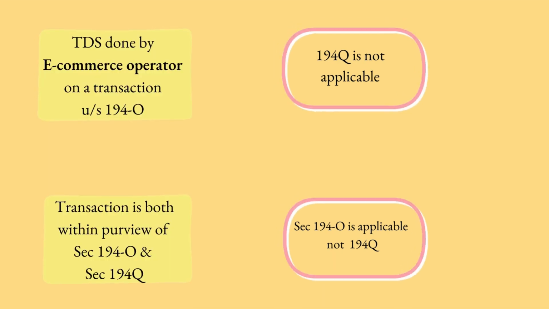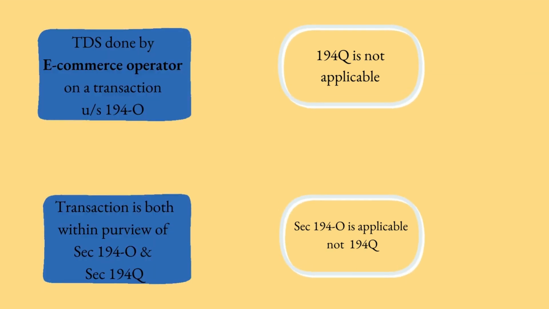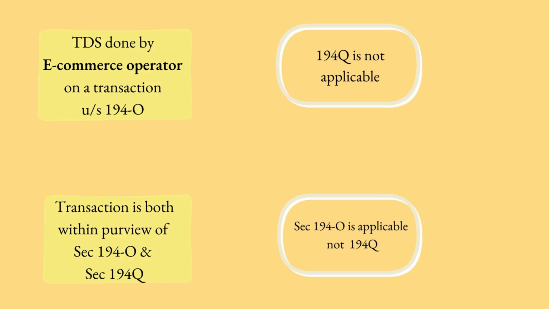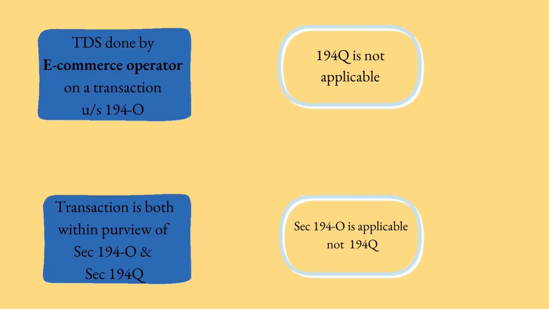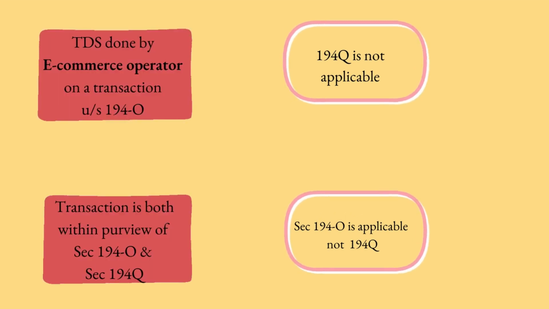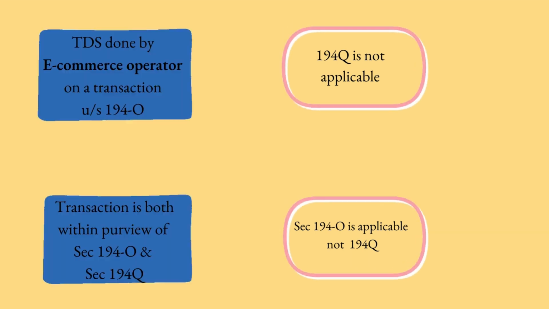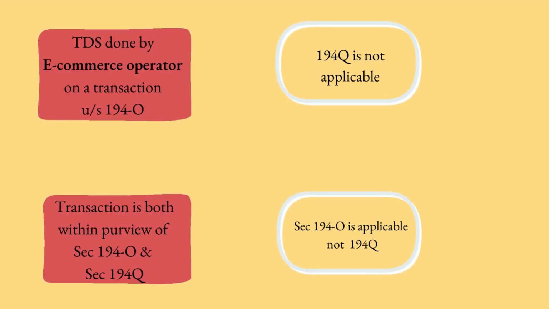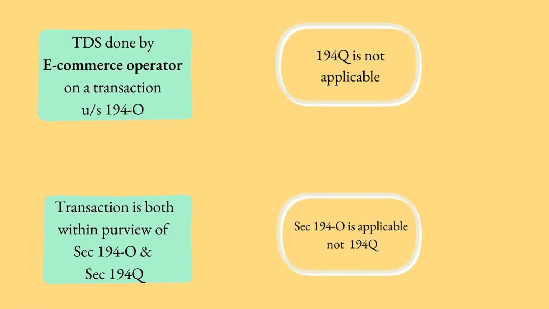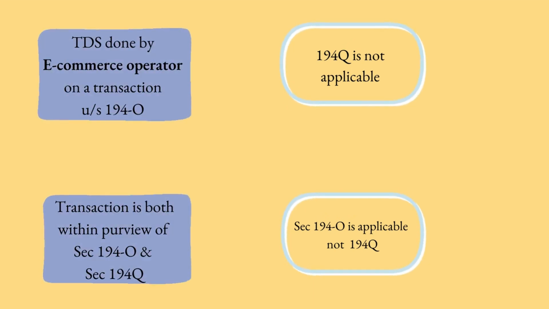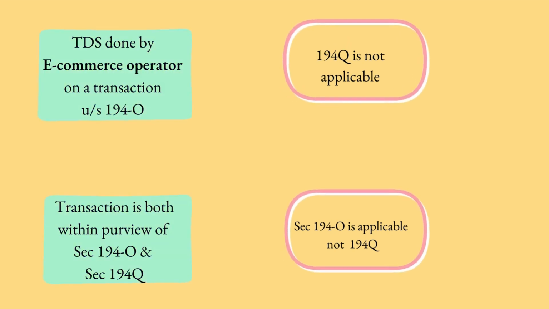Hence, if tax has been deducted by the e-commerce operator on the transaction under Section 194O, then the transaction shall not be subject to tax deduction at source under Section 194Q of the Act. Section 194O shall prevail over or override Section 194Q of the Act.